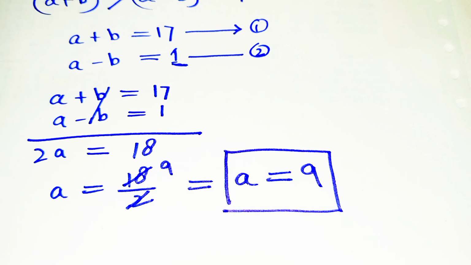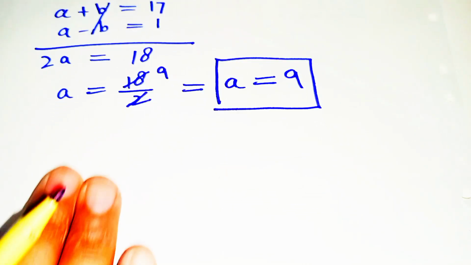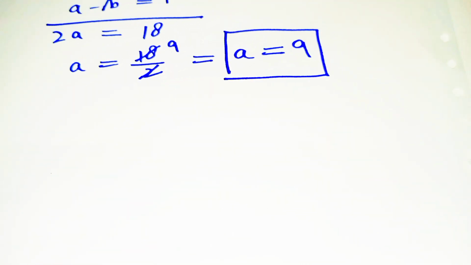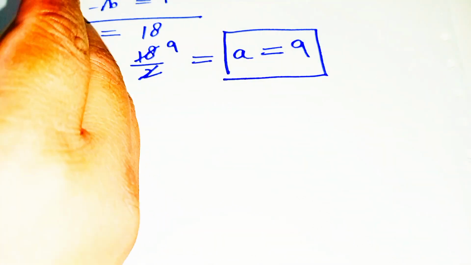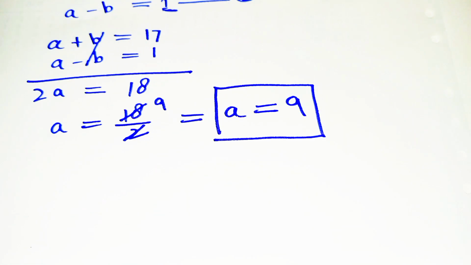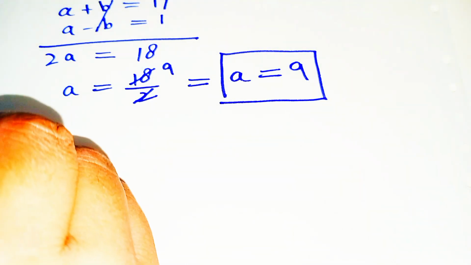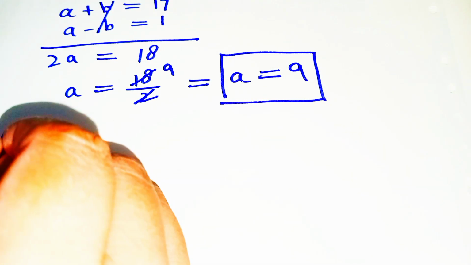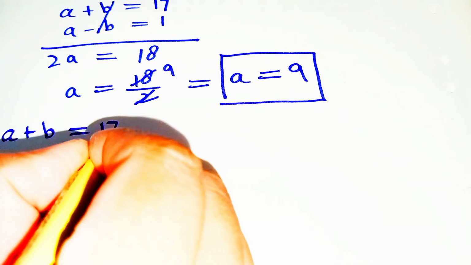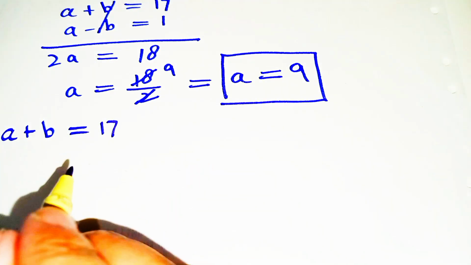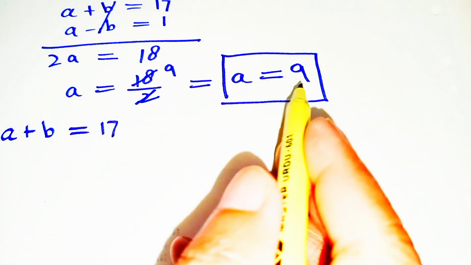In the next step, a plus b is equal to 17, and now we put the value of a, which is 9.